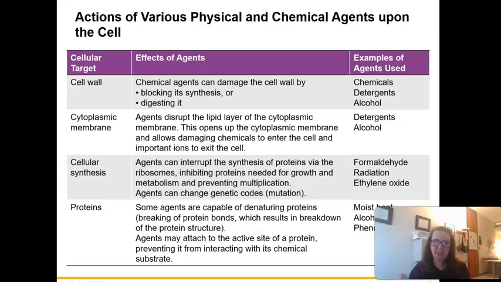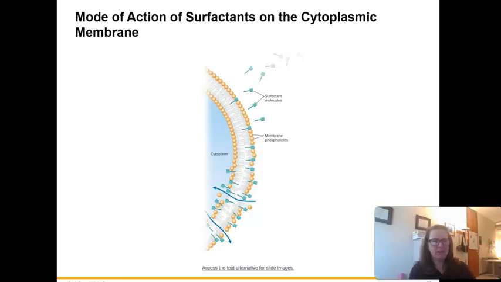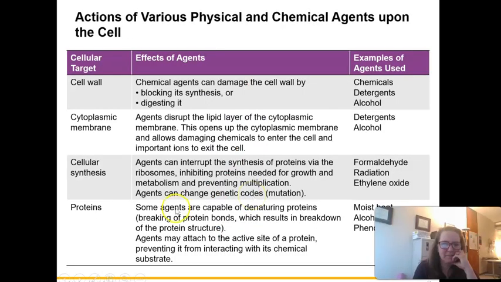So they're going to hijack your cellular machinery and use your ribosomes or a bacteria's ribosomes. So essentially then we can target those proteins, so some part of protein synthesis, and our chemical agents are very good at that. And radiation, which is a physical control. So we've got cellular synthesis and then a little bit more about proteins there at the bottom. Okay, I think I'm going to stop here and we will start a new lecture in a minute.